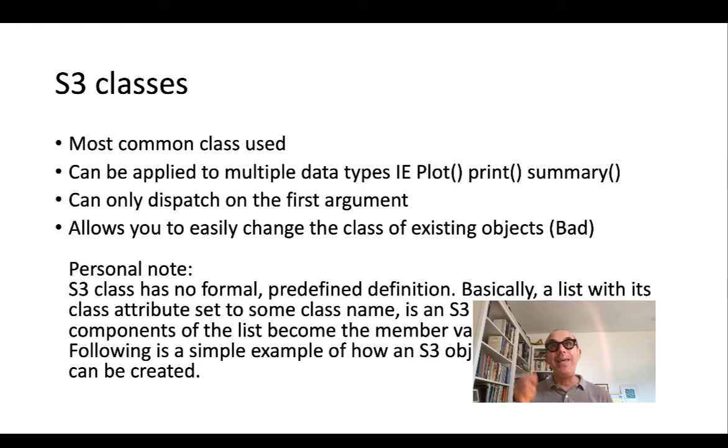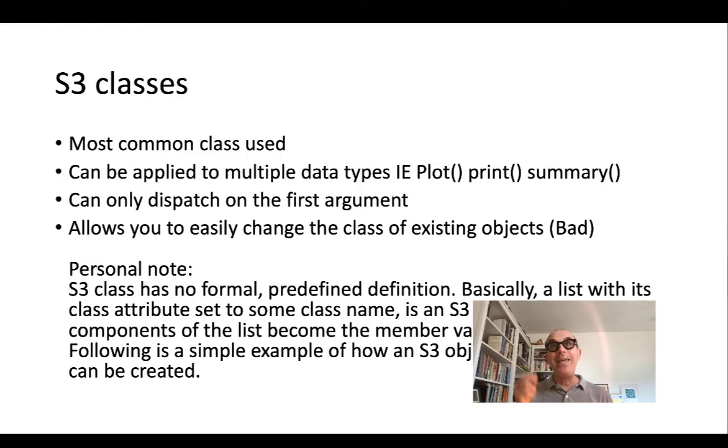Most commonly used, it can be applied to multiple data types, can be dispatched on the first argument, and allows you to easily change the class of an existing object, which can be bad. This is my note here. So the personal note, I would like to say S3 has no formal predefined definition.